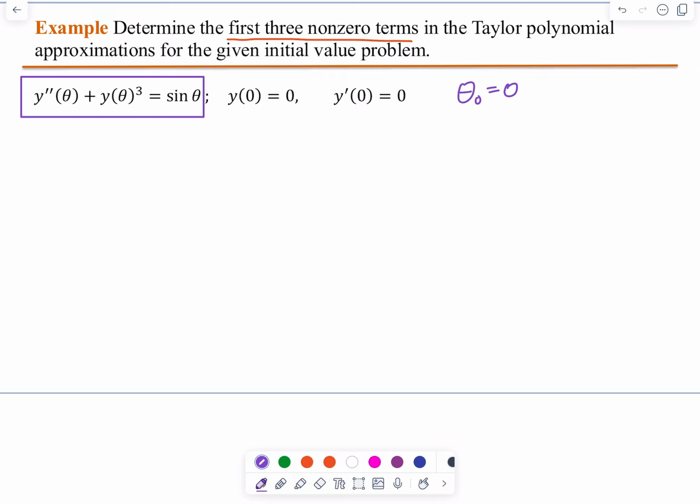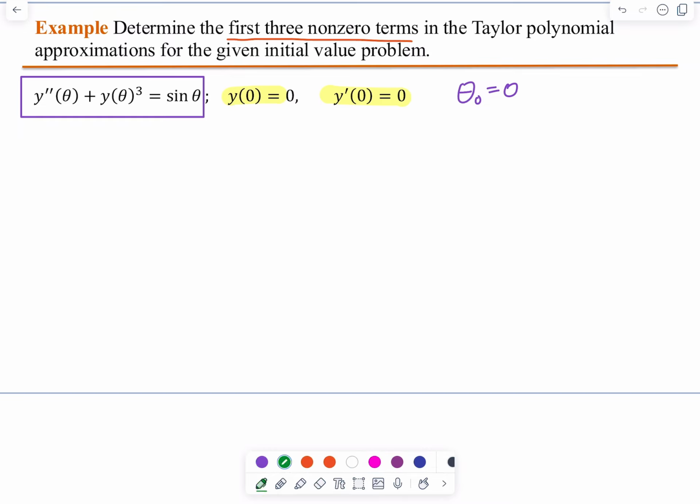And we're given our initial conditions. We have 0 for the function value at 0 and the first derivative evaluated at 0. So we are going to have to be looking for some derivatives.